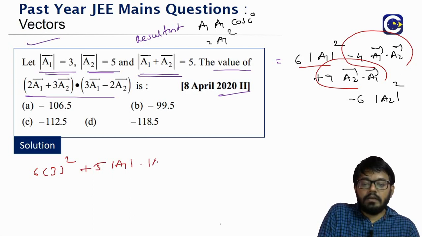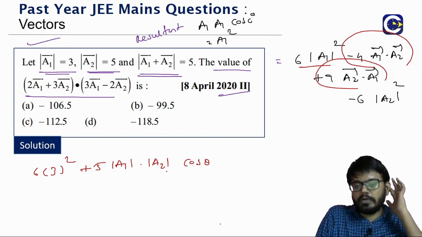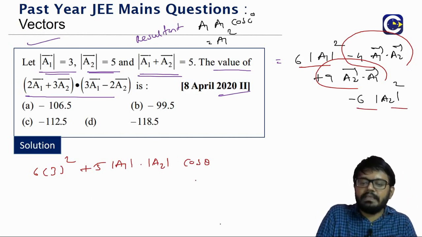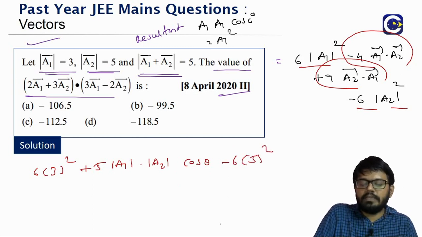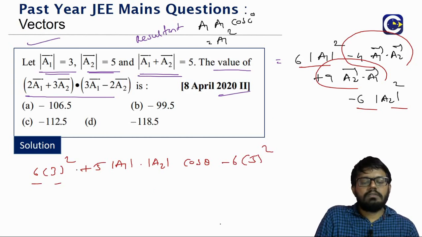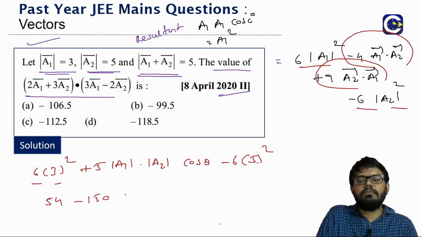Mod a1 mod a2 into cos theta, where theta is the angle between a1 and a2. Then minus 6 into mod a2 the square, which is 5 square. 6 into 3 square means 6 9s are 54. 5 square is 25, and 25 into 6 is 150, but we have a minus 150.